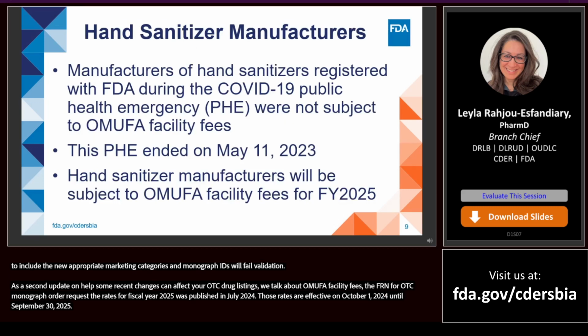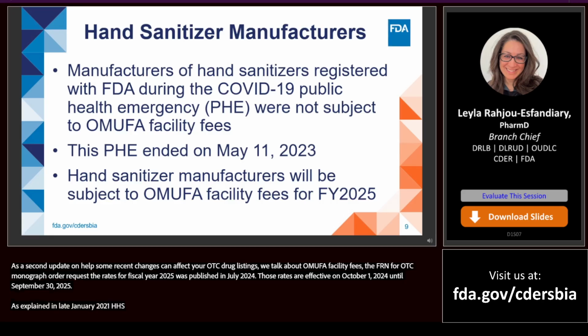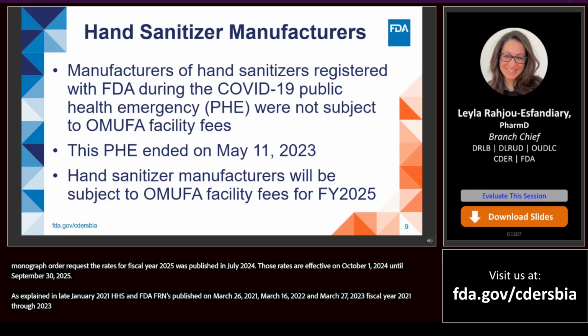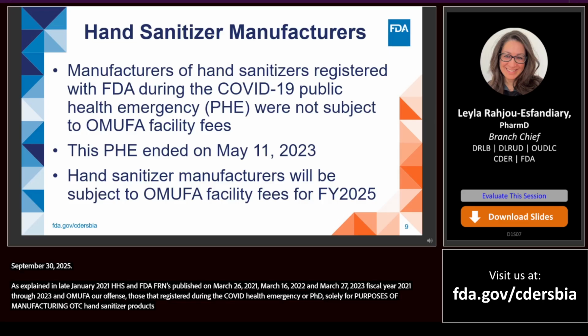As explained in the January 2021 HHS FRN and FDA subsequent FRNs published on March 26, 2021, March 16, 2022, and March 27, 2023 of fiscal year 2021 to 2023 OMUFA FRNs, companies that first registered with FDA during the COVID-19 public health emergency, or PHE, solely for purposes of manufacturing OTC hand sanitizer products during the PHE, were not identified as facilities subject to the OMUFA facility fee for a certain time period.